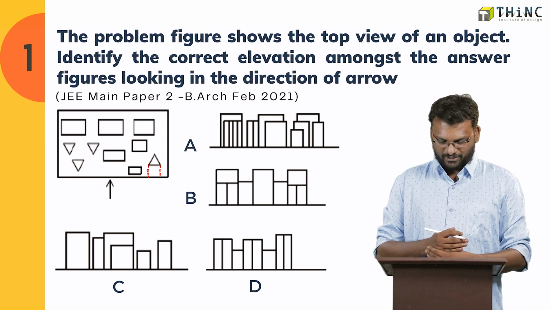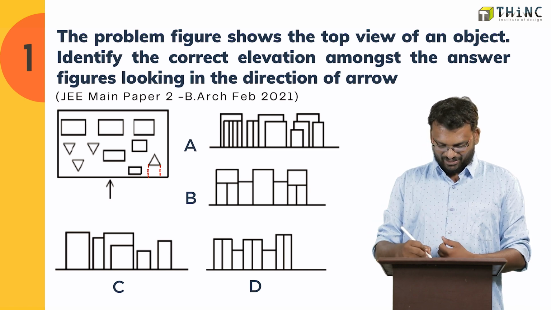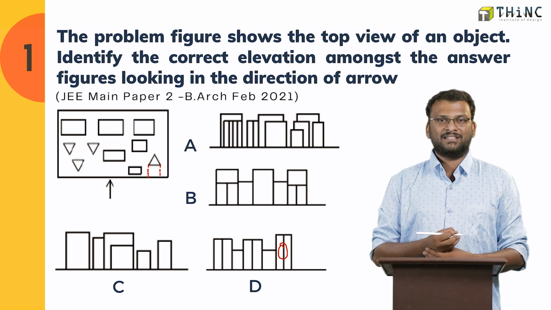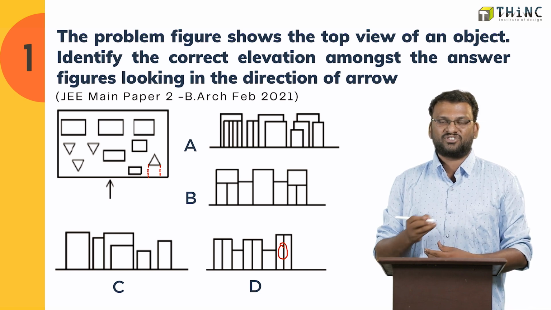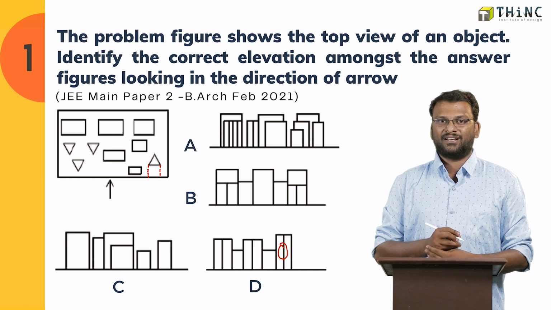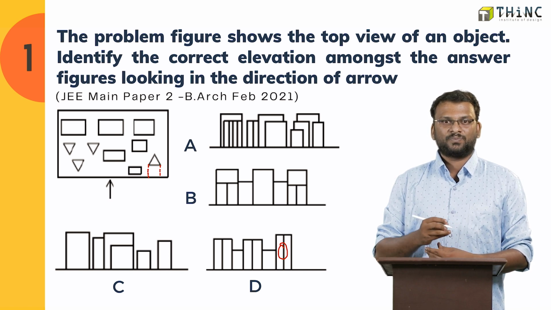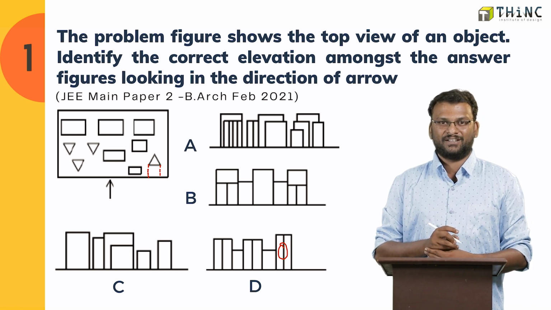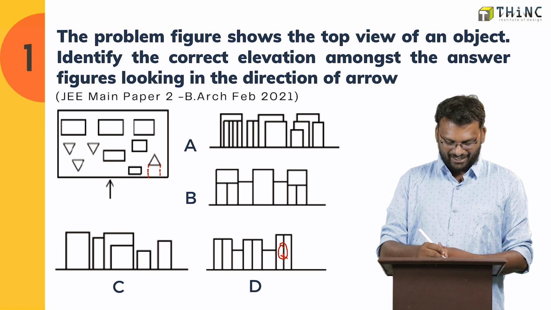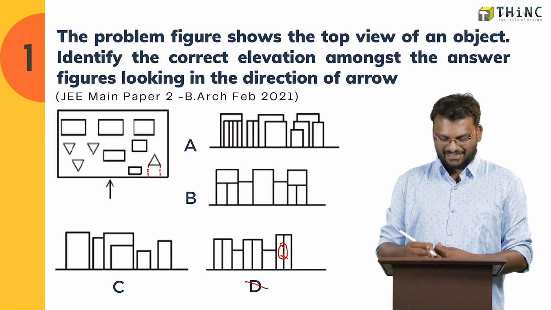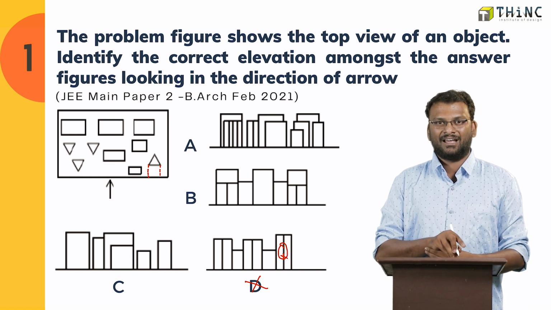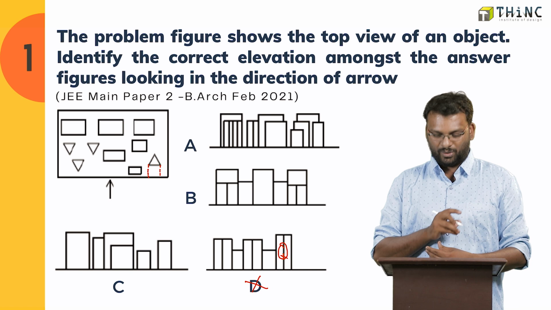When you observe figures A, B, C and D, in D you can find one line through the middle, that means between the extreme left and extreme right there is one edge. You have to connect it with the question figure. There you couldn't find a line through the middle, so option D is eliminated because we only have two edges, one at the extreme left and the other at the extreme right, none in between.